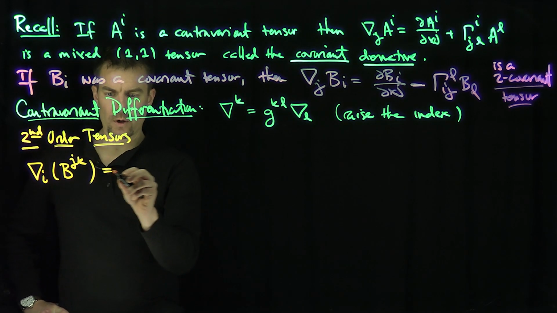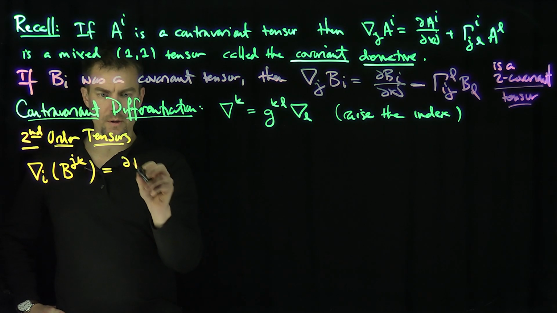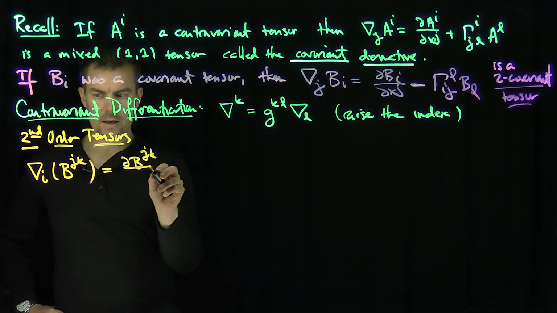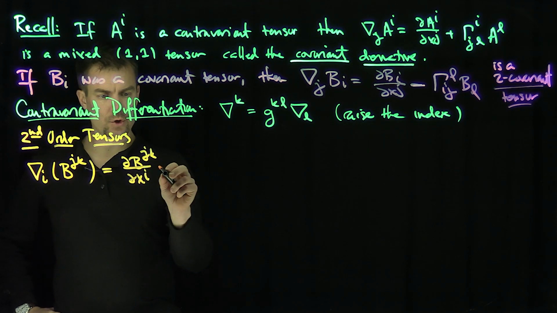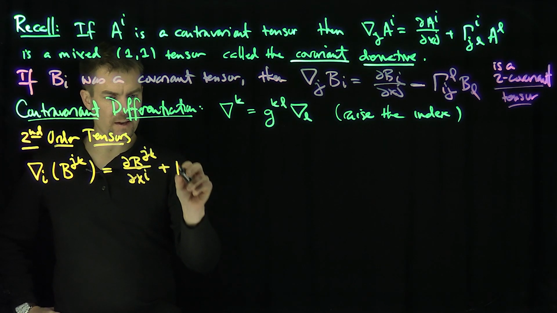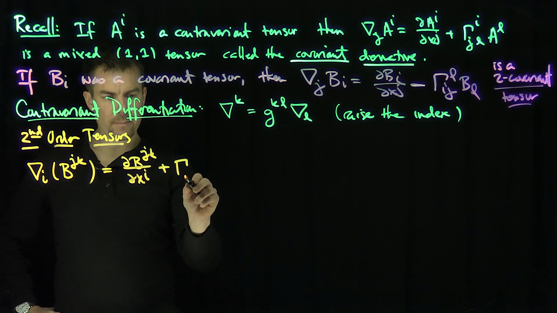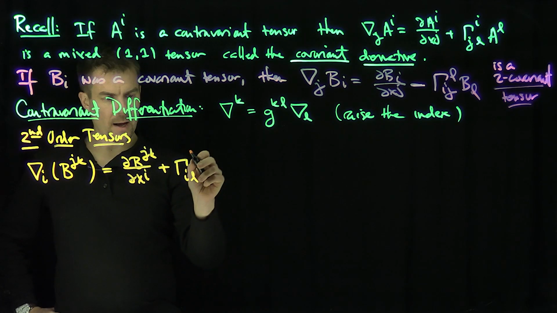What would this be? Well, it always has this form over here: ∂b^{jk}/∂x^i, and then I'll have 2 contravariant terms. So I'm going to have a Γ, and I'll have an i in the bottom, an l down here, then a j up here.